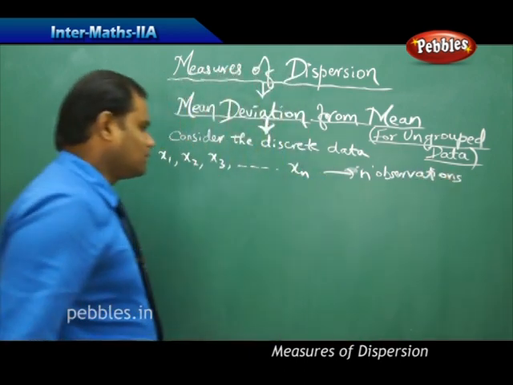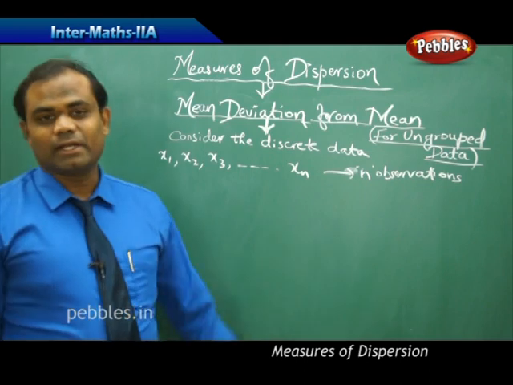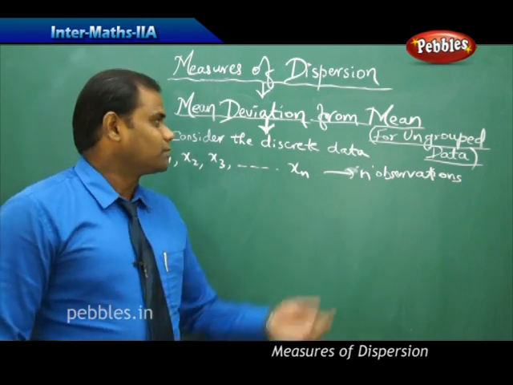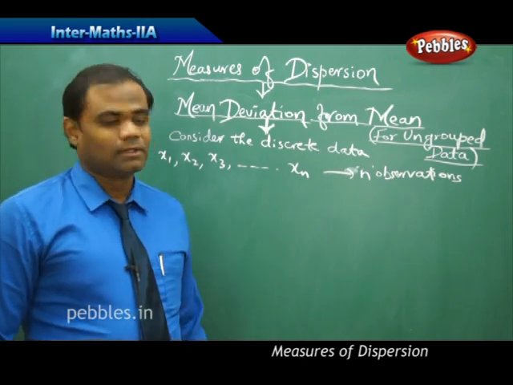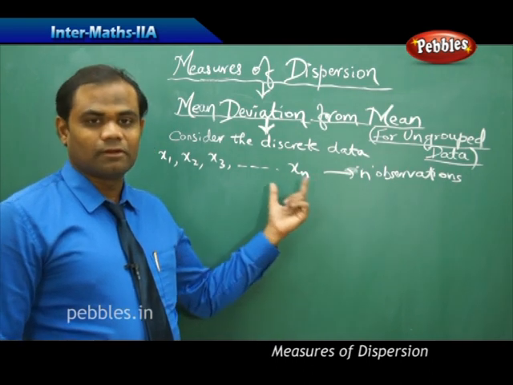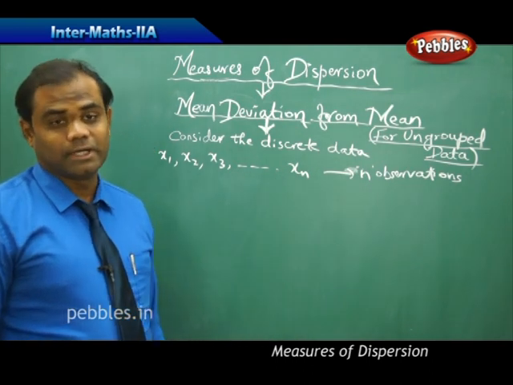So I have totally n observations x1, x2, x3 till xn. Let's see how we can find the mean deviation from the mean for this ungrouped data.